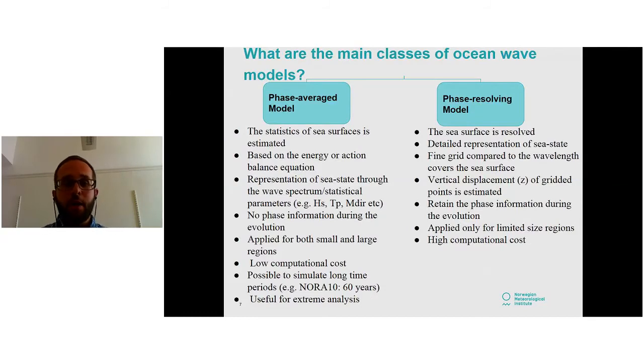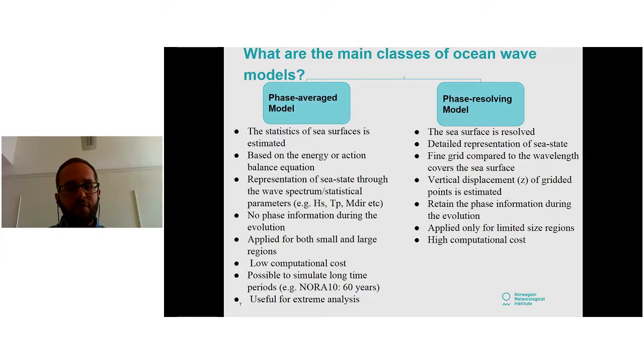So right now, what are the main classes of ocean wave models that we have? We can separate these into two main classes. First, we have the phase average models. These models estimate the statistics of the sea surface. They are based on the energy or action balance equation. They represent the sea state through the wave spectrum or statistical parameters like the significant wave height, peak period, and mean direction.